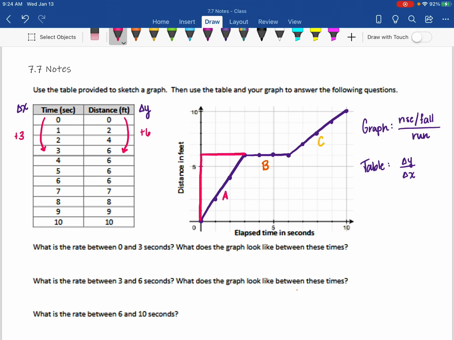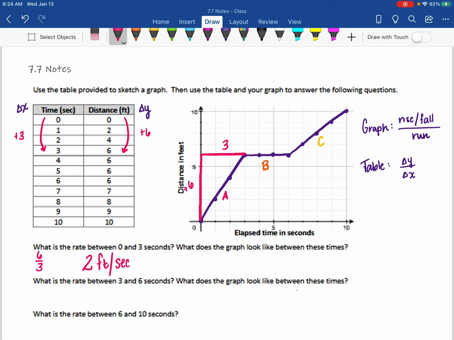So 1, 2, 3, 4, 5, 6, I'm rising 6, running 1, 2, 3, running 3. Okay, so you can see the connection between the data in the table, the data in the graph. We get the same numerator and denominator for our rate. So I just need to calculate that. 6 over 3, our rate is 2 feet per second.